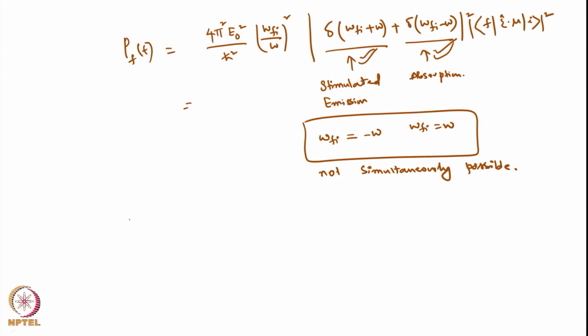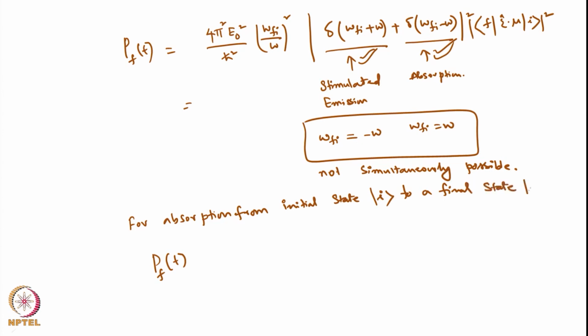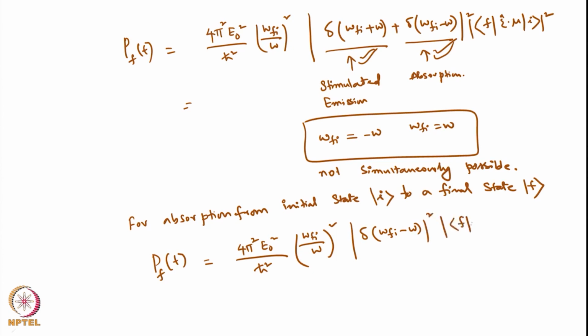So for absorption from an initial state I to a final state F, the probability of this transition is equal to 4 pi square epsilon naught square by h bar square, omega Fi by omega whole square, delta(omega Fi minus omega) whole square, integral f epsilon dot mu I whole square.